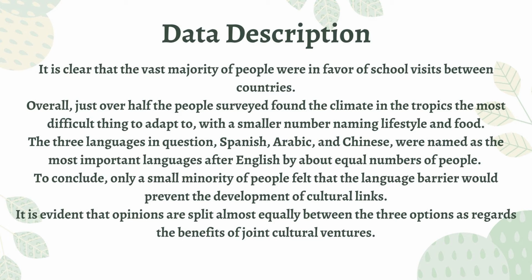To conclude, only a small minority of people felt that the language barrier would prevent the development of cultural links. It is evident that opinions are split almost equally between the 3 options as regards the benefits of joint cultural ventures.